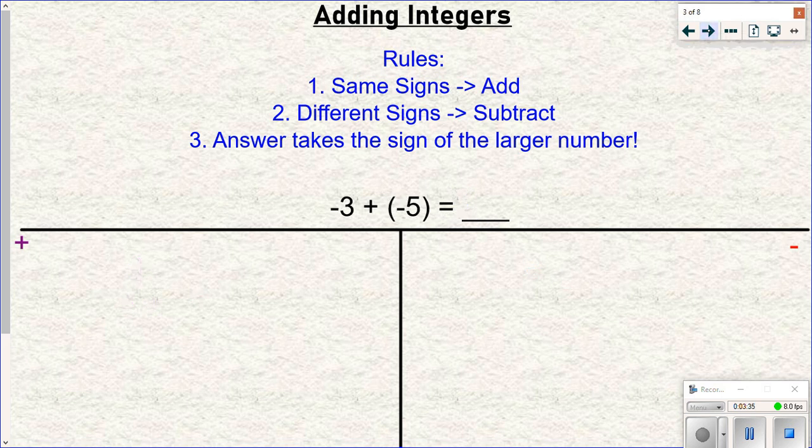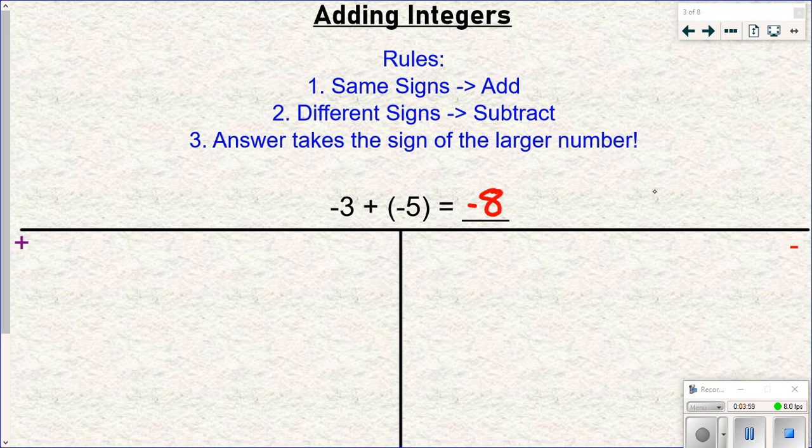All right, let's move on to another one. So this time, let's just follow the rules. Do these 2 numbers have the same sign or different signs? They have the same sign. They're both negative. So that means we're going to add these together. So when we add these together, 8. The larger number, the 5 here, is negative, so it's -8.